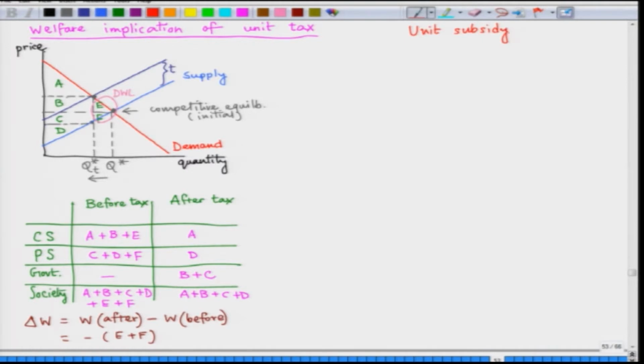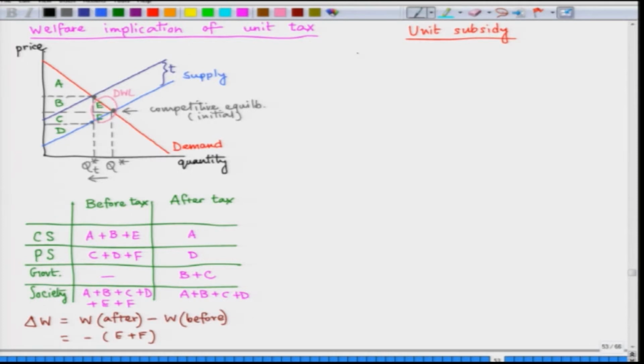Subsidy will be exactly opposite. So, one can actually think about unit subsidy as the negative of unit tax. So, let us quickly study what is going to happen if government gives subsidy to producers to produce some output or some product.